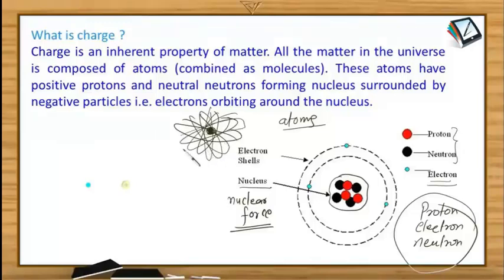Just out of curiosity, I'm asking you, are you aware of this concept of the electron cloud? Basically, the electron revolves around the nucleus in such a fast manner in various circular orbits that its visibility is blurred out.